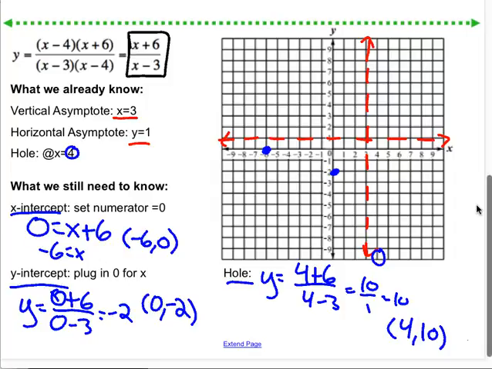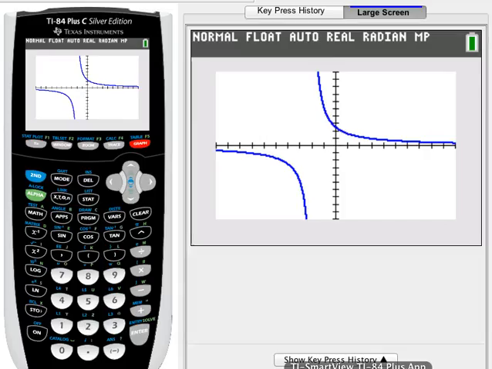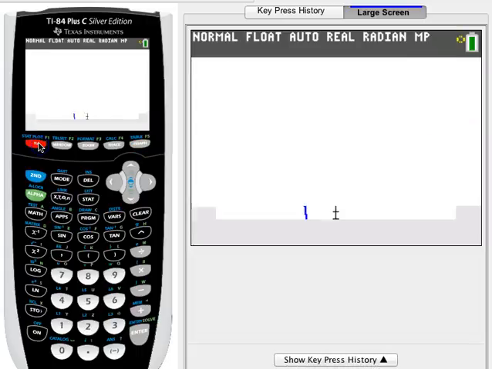Okay, you do need to indicate that hole to me because that is another point of discontinuity. So once you have all of those pieces, again, what you can do is just plug it into the calculator. So I'm going to take that, plug it in.